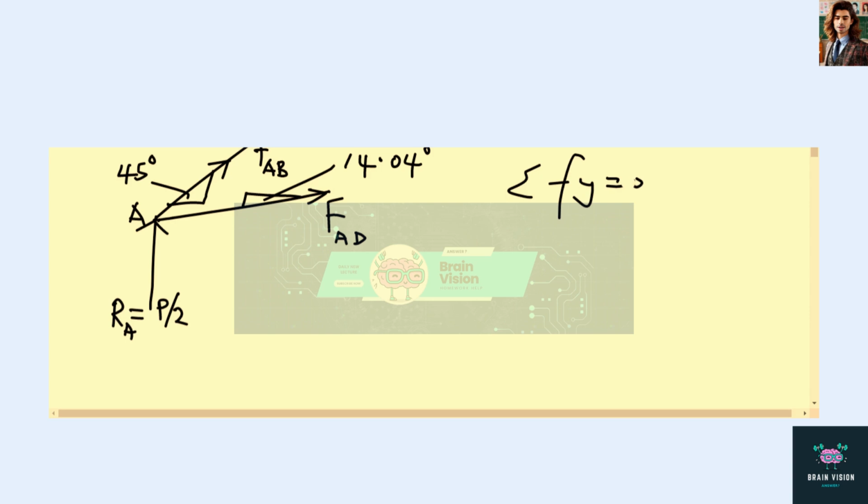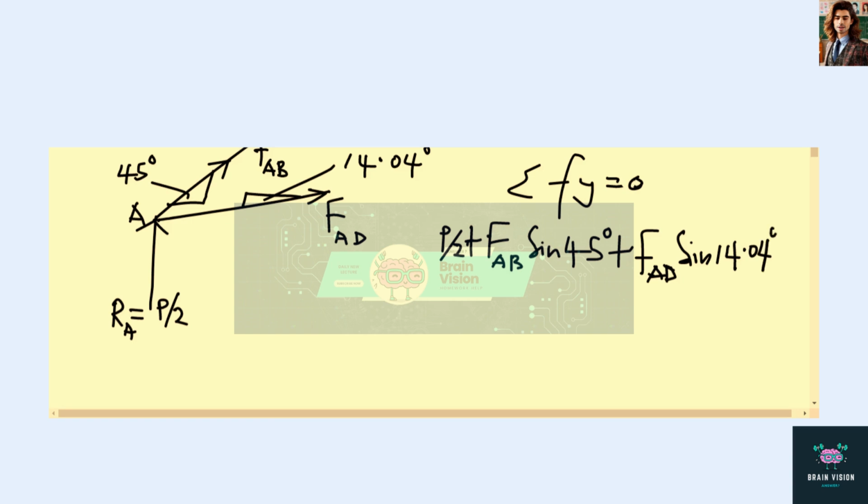When we do this, we are going to arrive at P over 2 plus F sub AB sine 45 degrees plus F sub AD sine 14.04 degrees equals 0. We can call this equation 1.